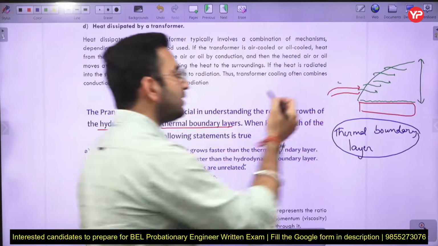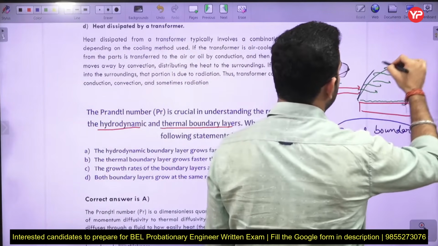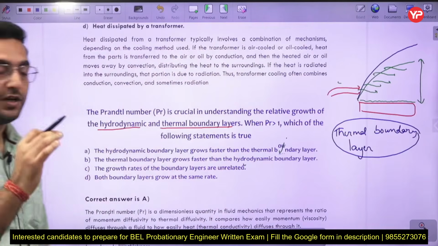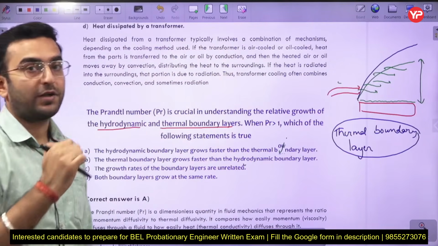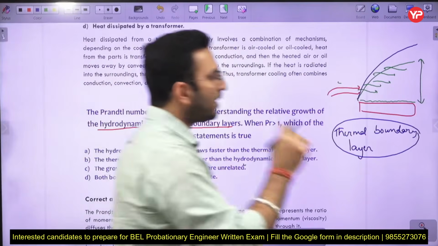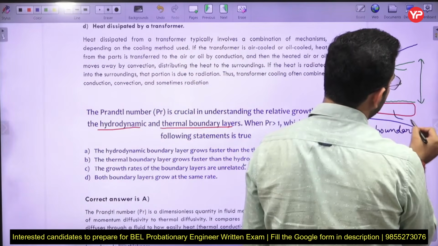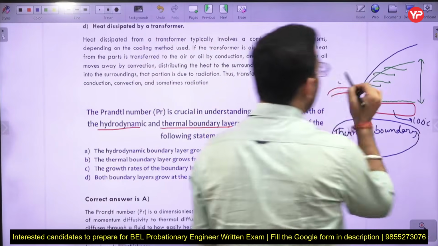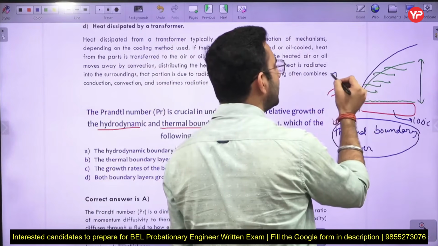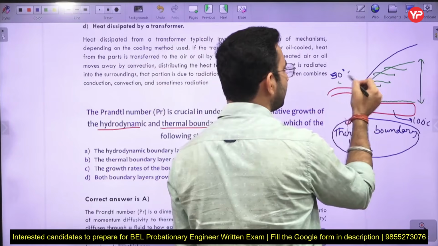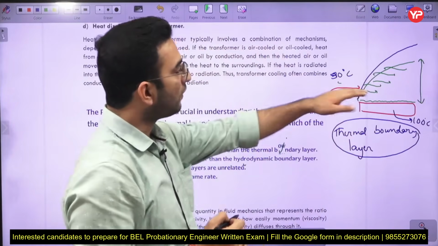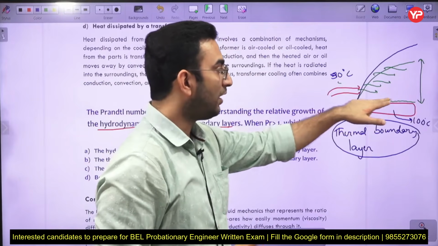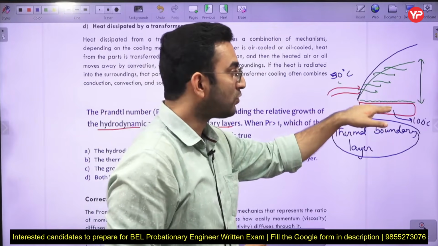Here you can see, let us say this blue color is representing the thermal boundary layer. The thermal boundary layer is a region in which the temperature gradient can be observed. For example, let us suppose the surface temperature is 100 degrees Celsius, I am assuming random data, and the fluid has a temperature of 30 degrees Celsius. If you observe very carefully, due to the no slip condition, the layer close to the solid surface is stagnant.